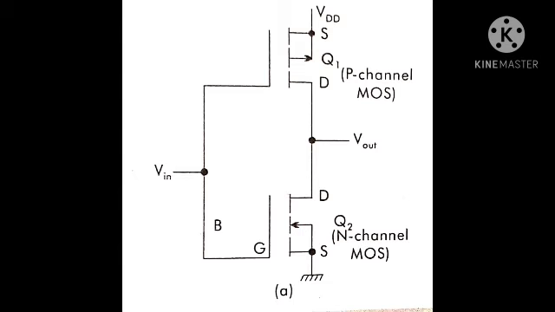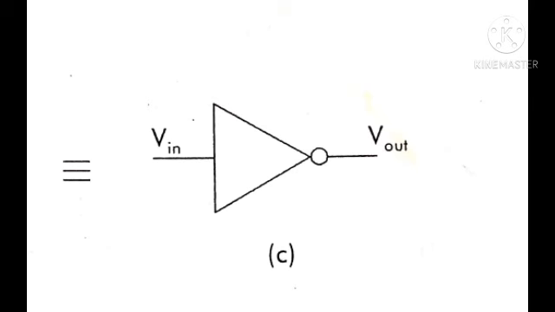But as VGS2 is equal to plus VDD, now Q2 will be on. So the reverse thing is happening, and due to this, when the input voltage is VDD, we are getting the output voltage equal to 0. That is, the inversion is actually occurring. So we can represent this overall circuit by this equivalent circuit symbol, which is the circuit symbol of a NOT gate.